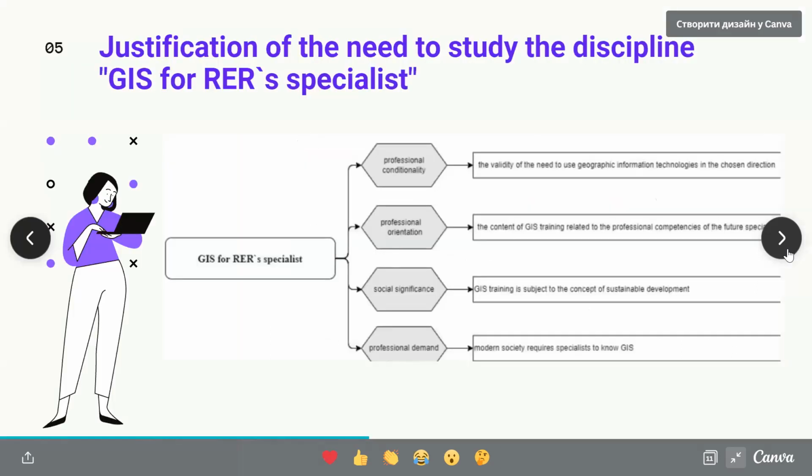According to the authors, the need to study GIS by future specialists in the field of renewable energy resources is justified, at least, by professional conditionality and orientation, social significance, and professional demand. You can see it in the figure.